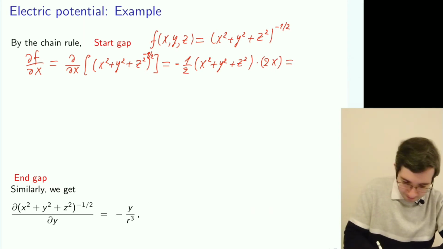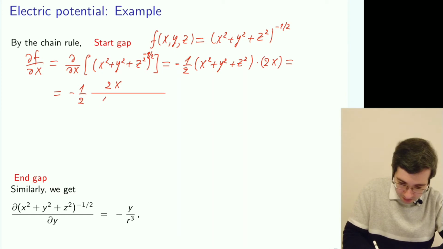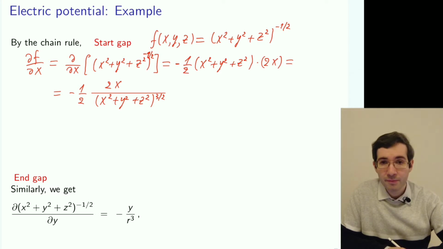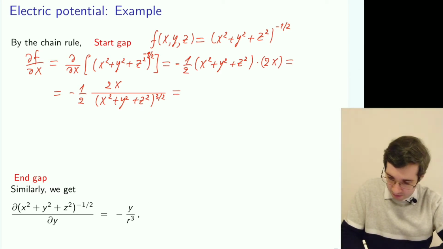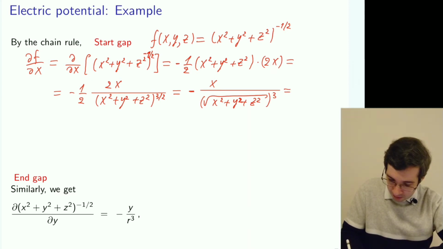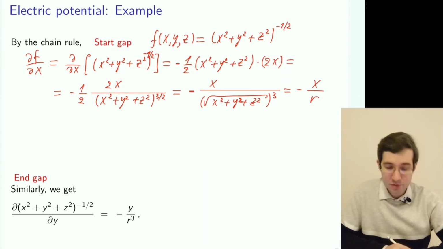And if we simplify it, we write minus 1/2 times 2x over x squared plus y squared plus z squared, to the power of 3 over 2, or we can simplify it further and write it as minus x over the square root of x squared plus y squared plus z squared, everything to the power of 3, and else we can say that it's minus x over r cubed, using the definition of r.